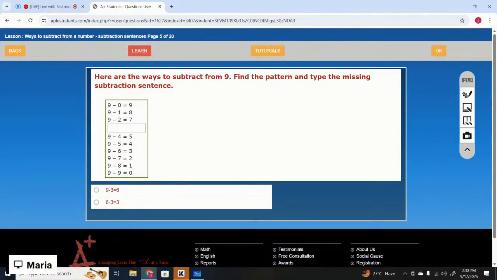Here are the ways to subtract from 9. Find the pattern, type the missing subtraction sentence. That is 9 take away 3 is 6. Option number 1 is the correct option.